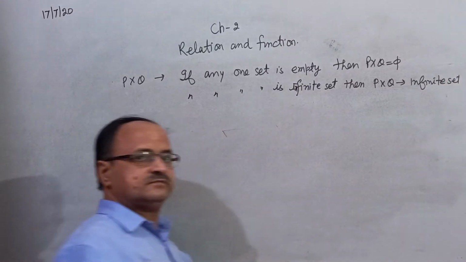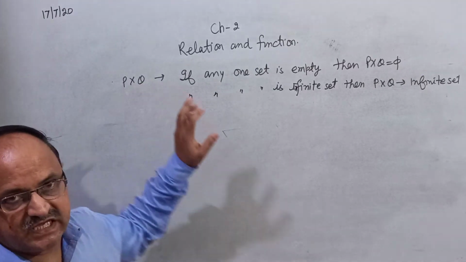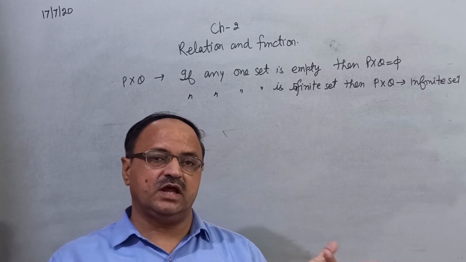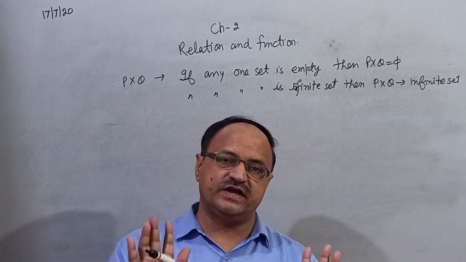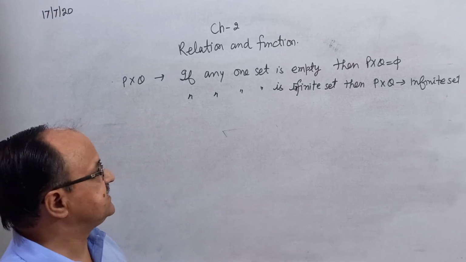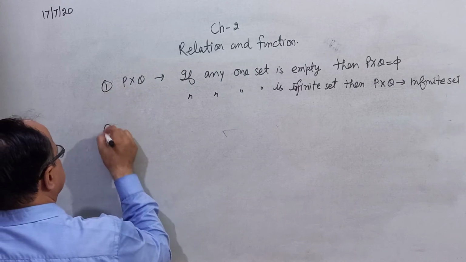Right? If any one of P and Q is empty, then P cross Q will be empty. If any one of P and Q is an infinite set, then P cross Q is an infinite set. Okay? That is the third point.